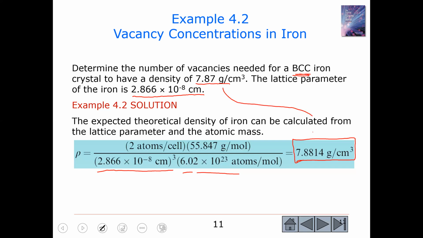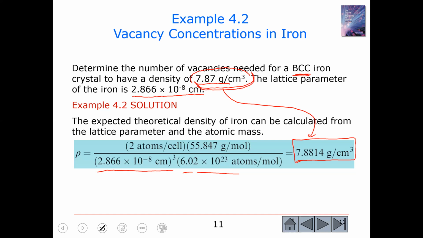So there is a difference of 0.01 gram per cubic centimeter in the density. So what we need to do is find out how many atoms are missing, or how many vacancies are there in this iron, right?